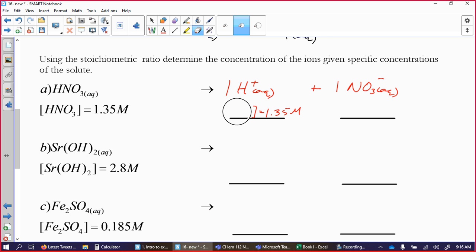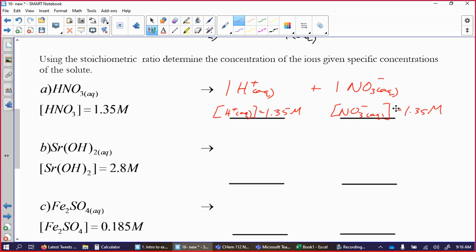I just need to rewrite that with the aqueous sign. The concentration of nitrate ion is also going to be, if I put 1 mole of nitric acid in, I get 1 of each. If I put 1.2, I get 1.2.